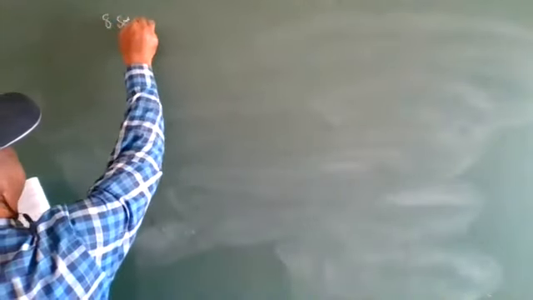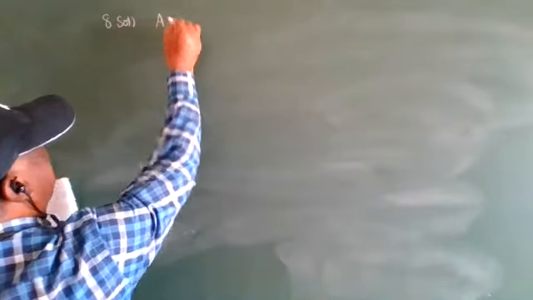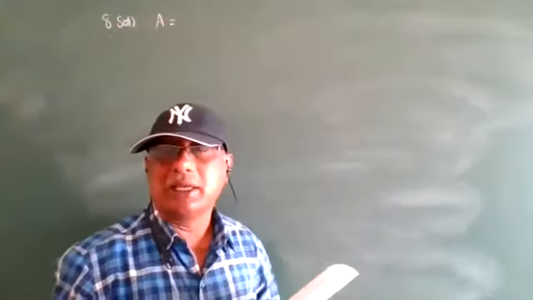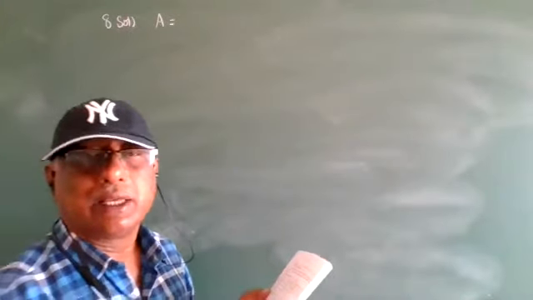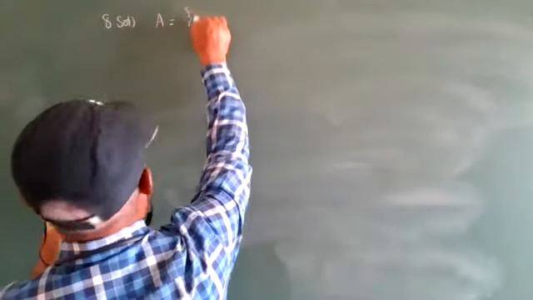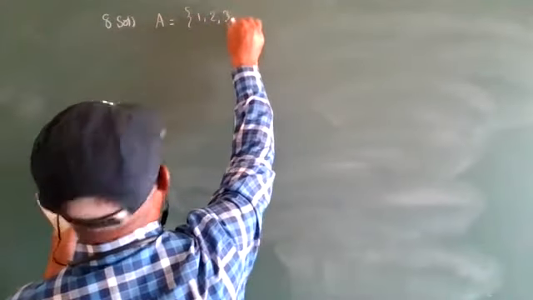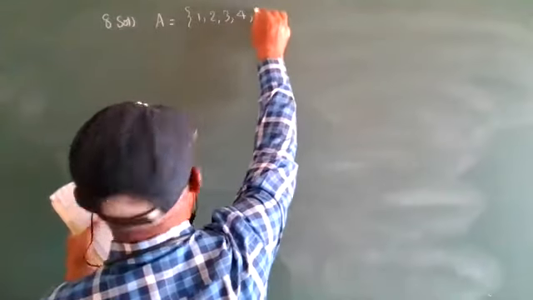Everyone see. Set A is given. Okay, now set A is given by 1, 2, 3, 4, and 5.